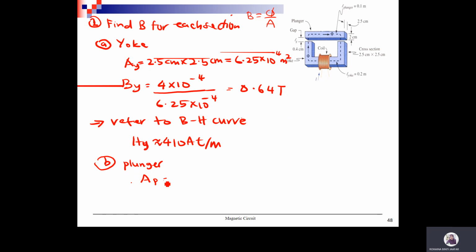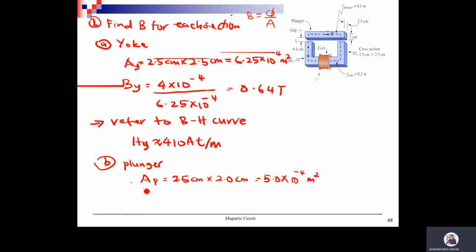A plunger equal to 2.5 cm times 2.0 cm, you will get 5.0 times 10 power minus 4 meter squared.